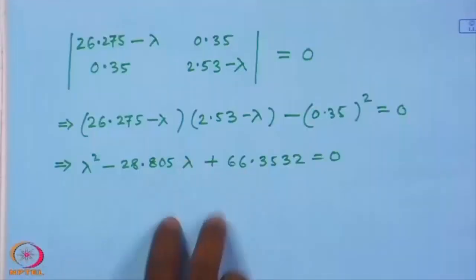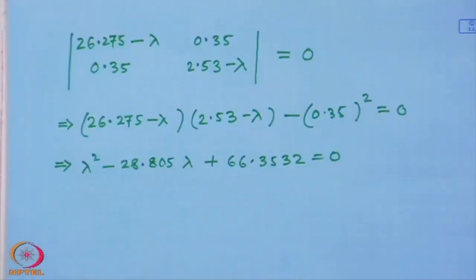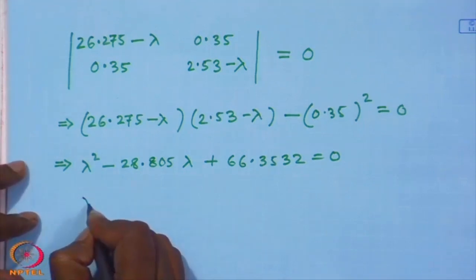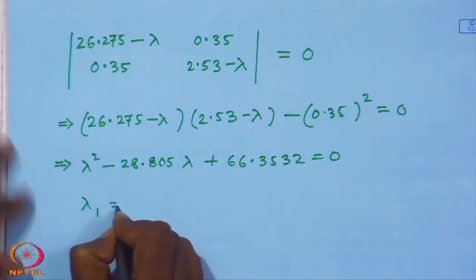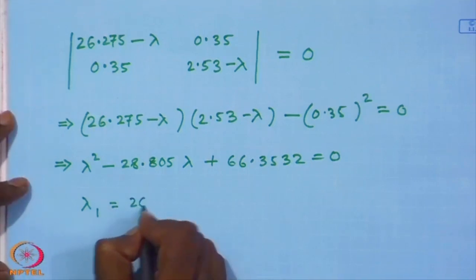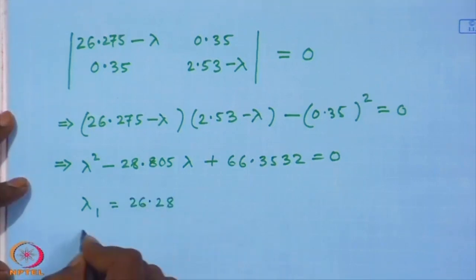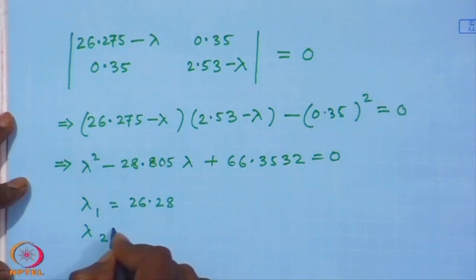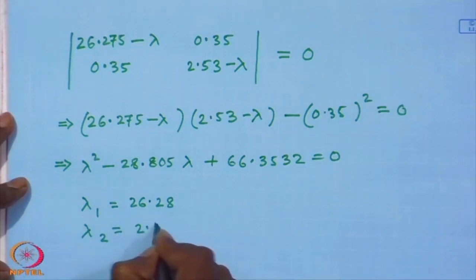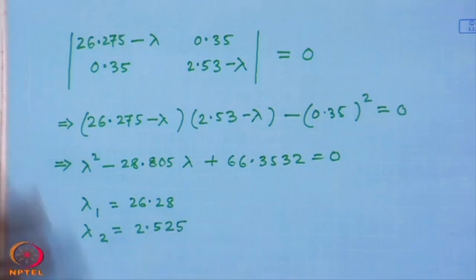Solving the equation, one solution lambda 1 is 26.28 and the other solution lambda 2 is 2.525.